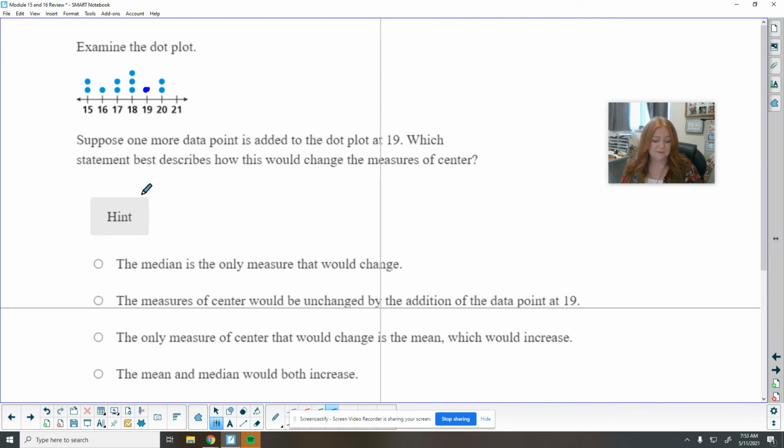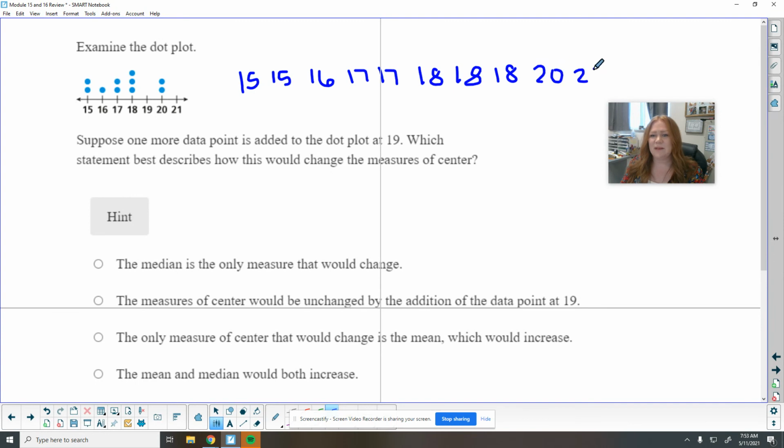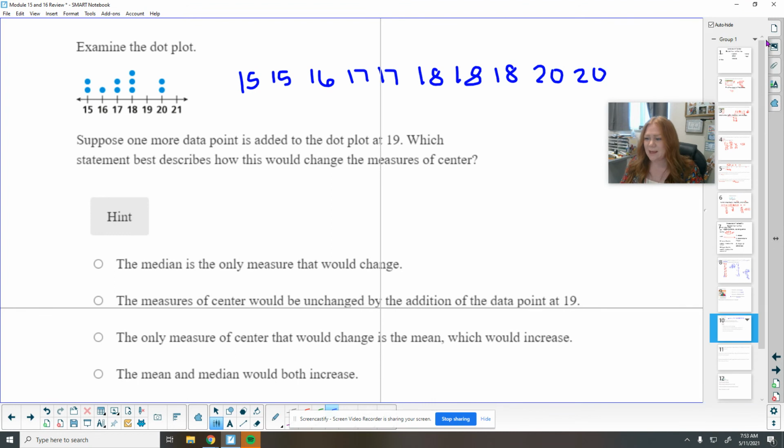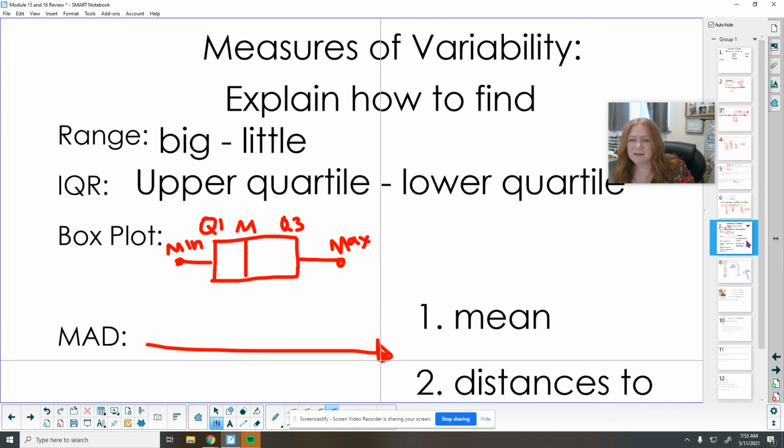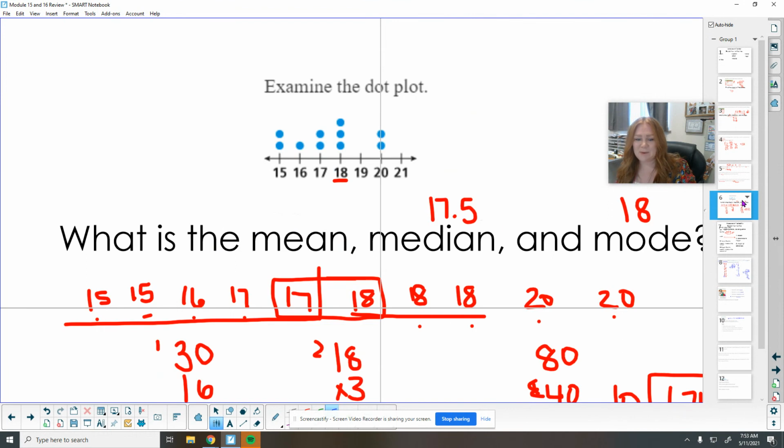So I think we need to find them first and kind of look and see. So we had 15, 15, 16, 17, 17. Oh, these are the same ones that we used before, I believe, right? We found these earlier. So let's go back and pull that data where this problem here, right?